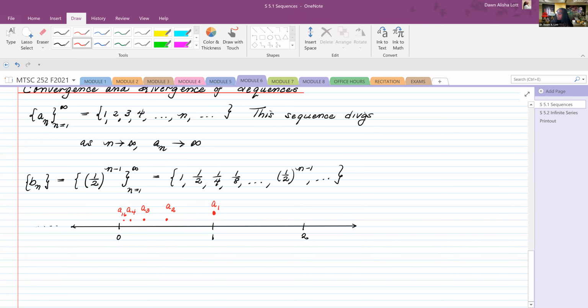And I can see that they're kind of getting all scrunched up together. Oh, that was supposed to say a_5, not a_16. All right. So I can see if I look at this sequence, it looks to me like it's trying to go to what?